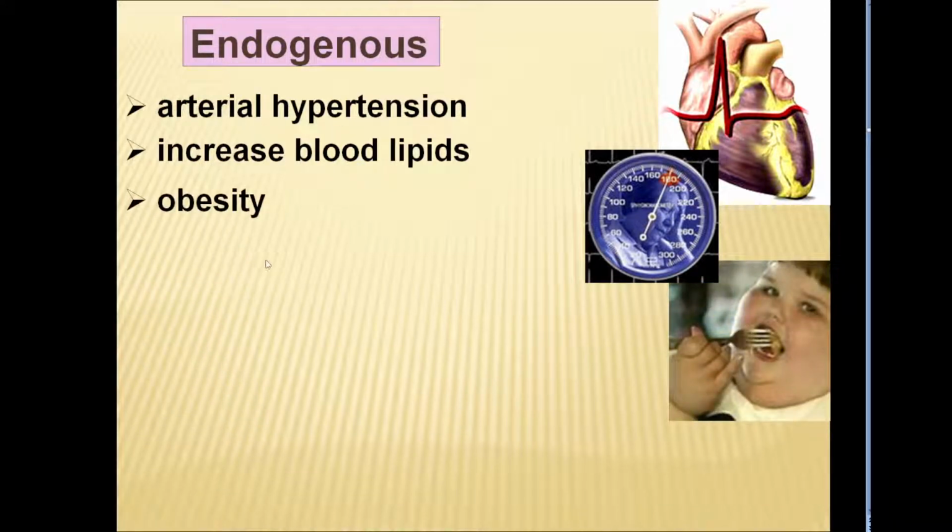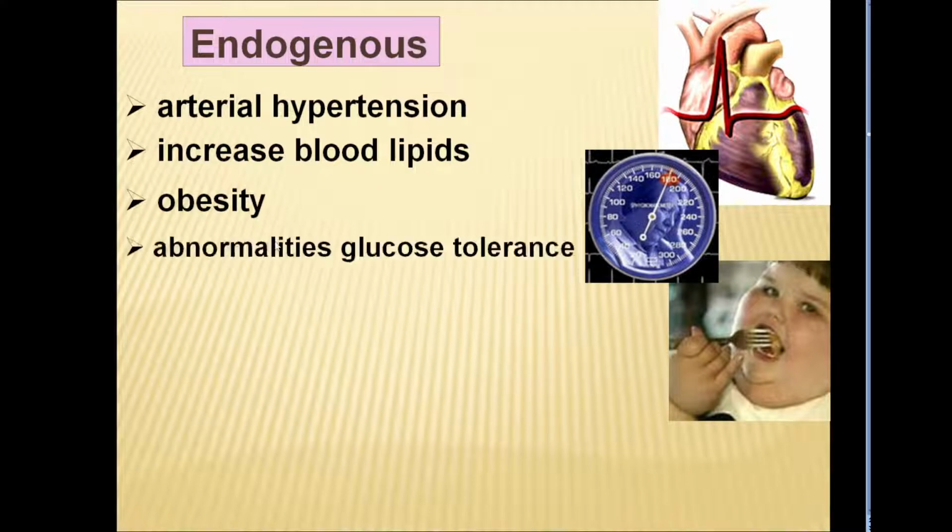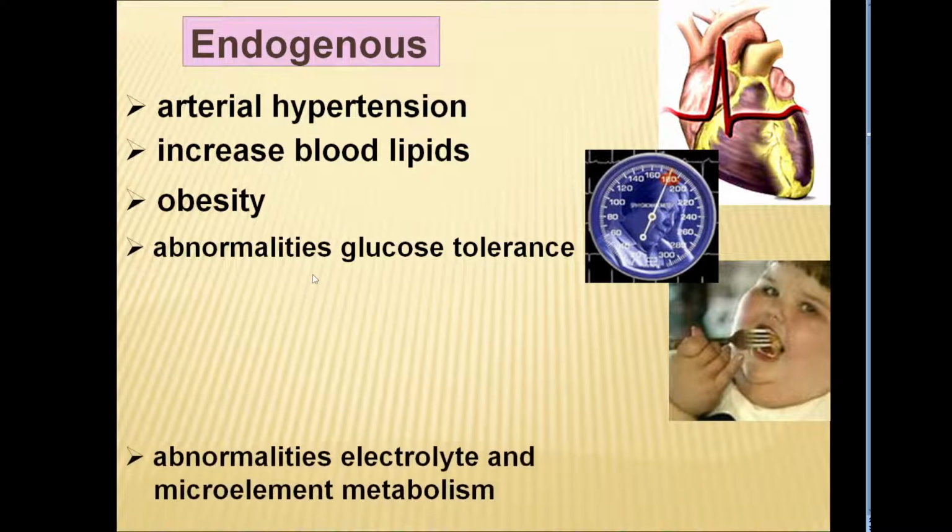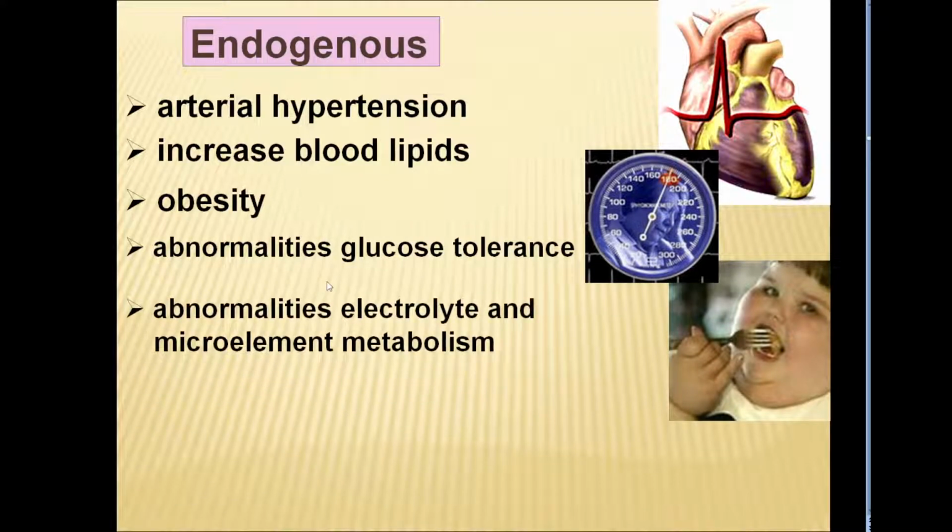Obesity may be alimentary or may be hormonal, sometimes not dependent on our wishes. Glucose tolerance abnormalities provoke disordered lipid metabolism, and as a result, formation of atherosclerotic plaques.